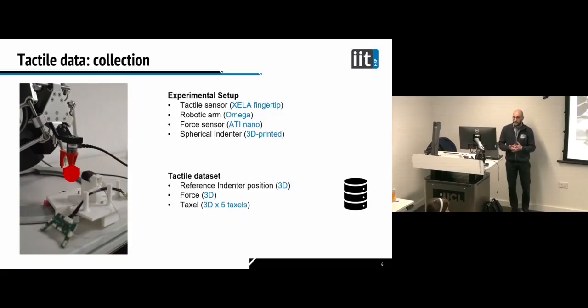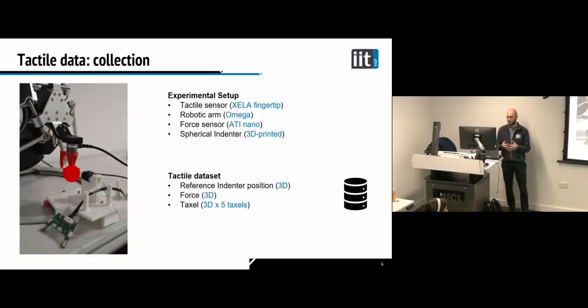To model the tactile fingertip, first we collect data from the real world. The experimental setup comprises a tactile fingertip fixed on a bench, and there is a robotic arm and a force sensor with a spherical indenter, and we move the indenter to touch the surface of the fingertip.